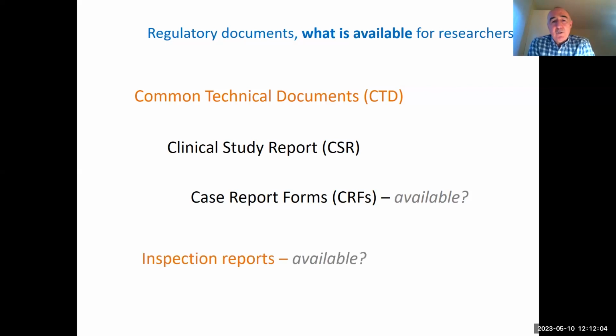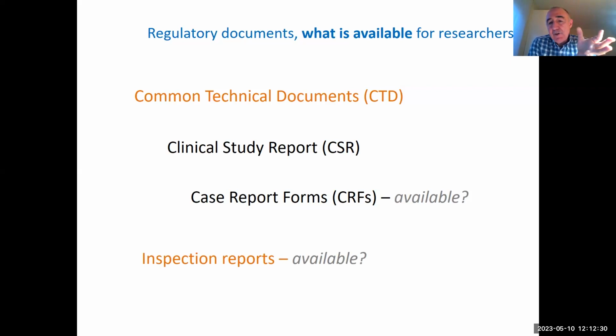And there's another important information, which is the inspection reports from regulators. You may already know that whenever a trial is conducted, there will be inspections to see if everything runs smoothly, if there's any problem in the trial, in the implementation of the trial, or whatever.